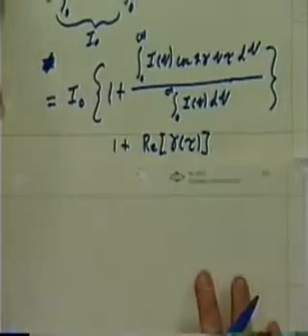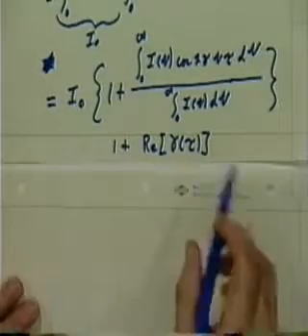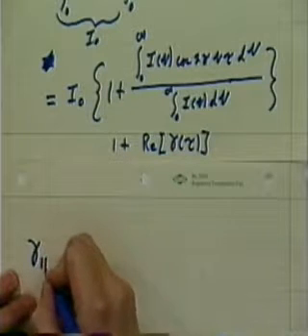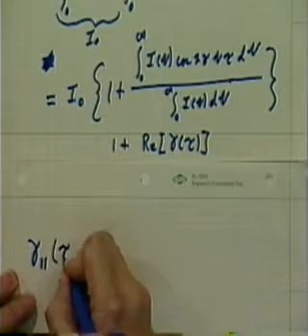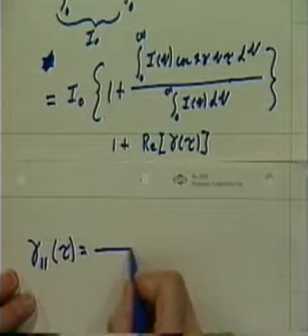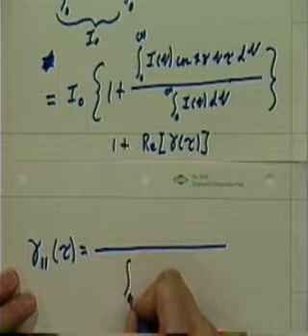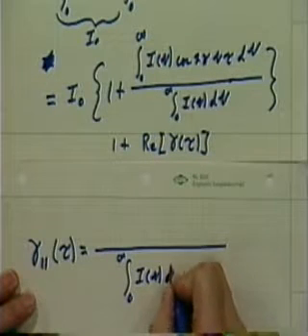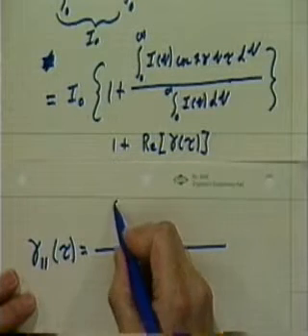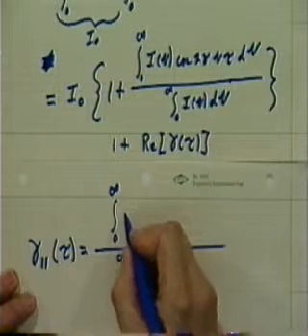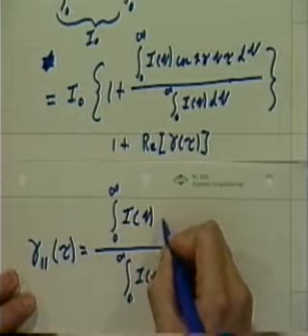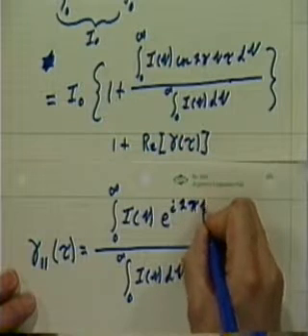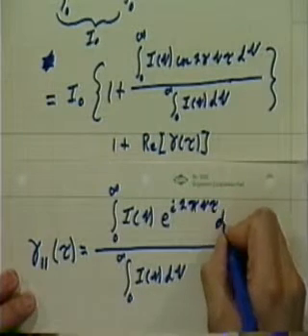Well, I will just write down here, instead of saying the real part, I'll just say that gamma 1 of tau is equal to, well, we have this normalizing factor down here, I of nu d nu, and then upstairs here, 0 to infinity, I of nu e to the i 2 pi nu tau d nu.